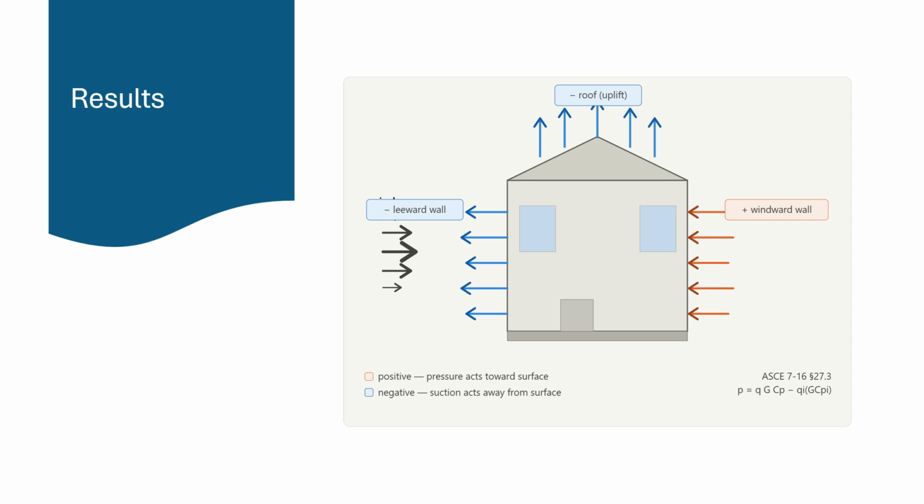The leeward wall is going to be kind of a suction pulling the wall out of plane, but in the direction of the wind. And then for the roof, you're going to get an uplift force. This is also a negative pressure, so it's a suction force acting to pull the roof away from the structure. And you can see that in the diagram.